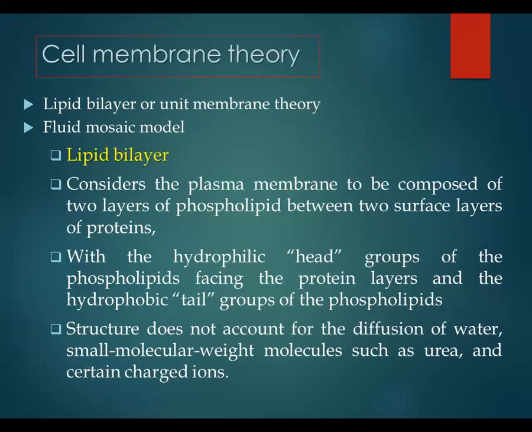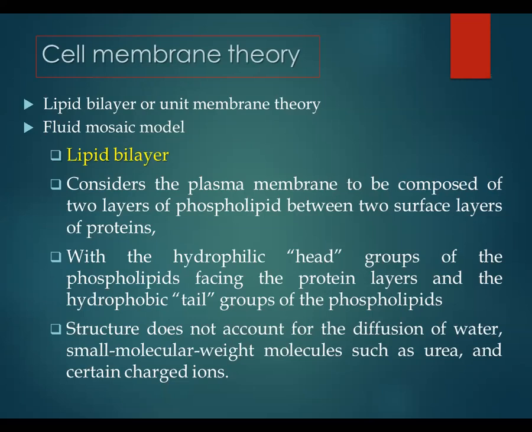Before understanding the mechanism in detail, there is some theory behind this movement of the drug. Initially, when they started carrying out experiments to understand how drug absorption actually goes on, different scientists came out with different theories. Two theories are well accepted now.